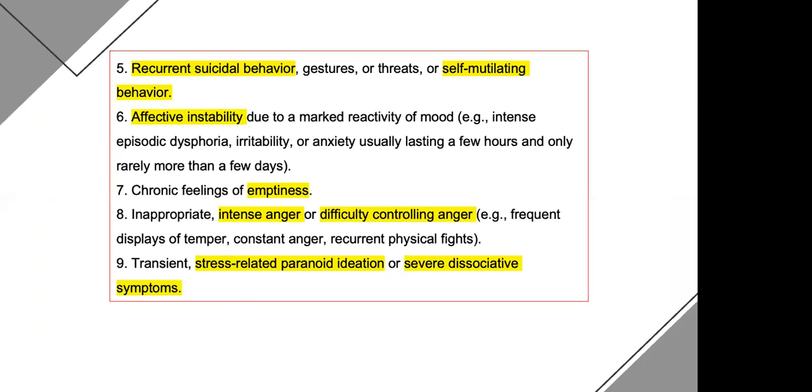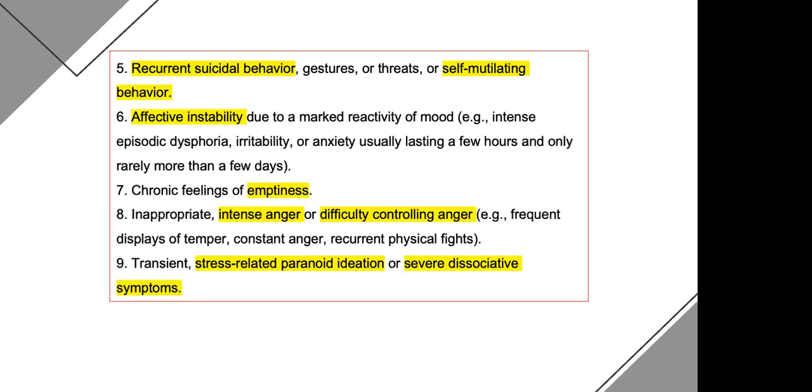Okay. Fifth, they will have recurrent suicidal behavior or self-mutilating behavior, which means he or she will try to self-harm. Sixth, affective instability due to marked reactivity of mood.